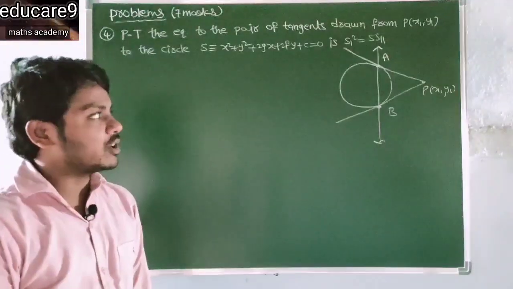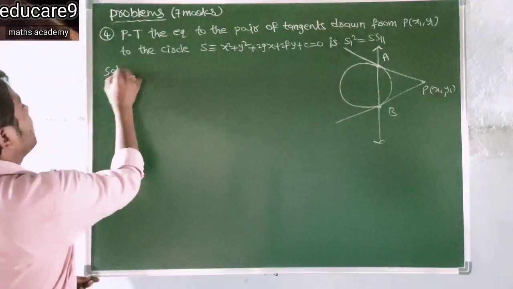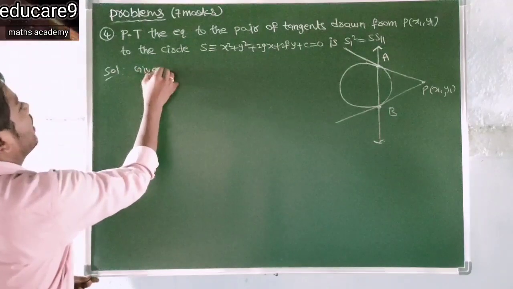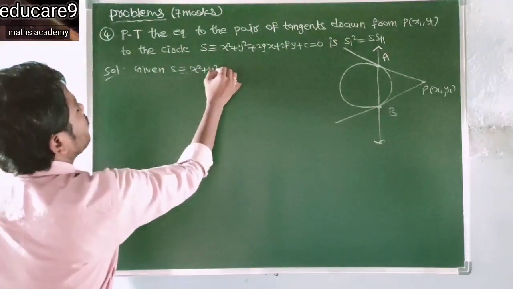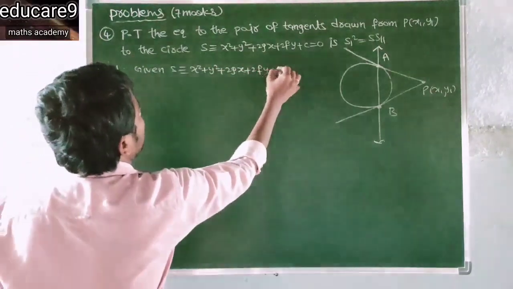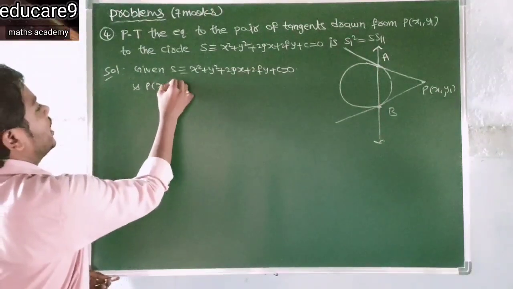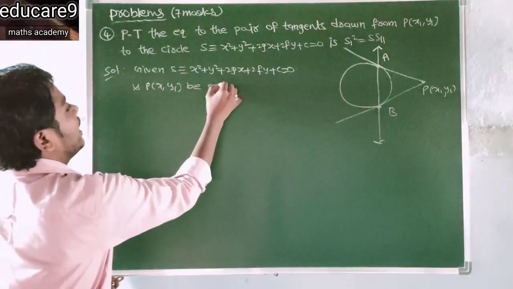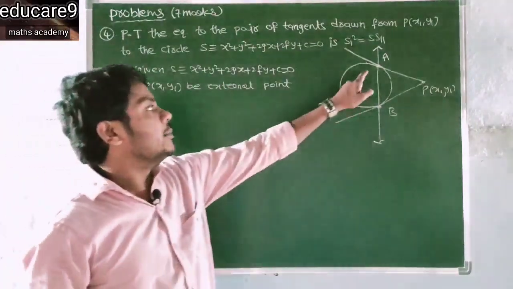So that is S1 equals 0. So see here, given circle S equals x squared plus y squared plus 2gx plus 2fy plus c equals 0, and P(x1, y1) be the external point. So clearly AB is called what?